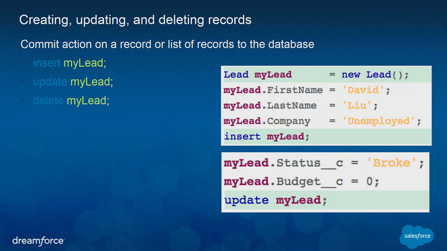Okay, so the question is, if we don't want to hard code information, why are we hard coding David Liu, who's unemployed? That's a good question, too. In this case, I have really no great example of why we would use David's name instead of pulling it from someplace else. Typically, you would have a variable.